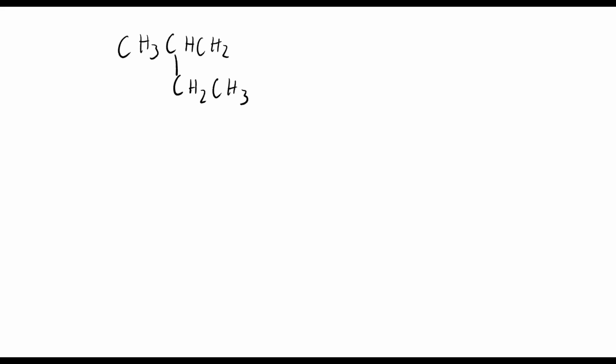Now we're asked to find the IUPAC name for this molecule, and if you're not good at finding the IUPAC name just from the condensed structure, you can actually write it out, right? I recommend writing it out. So we have a carbon.